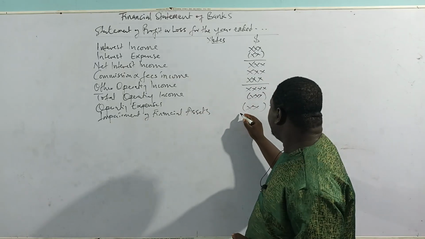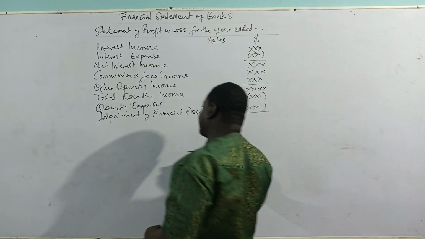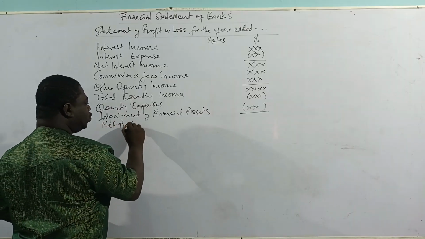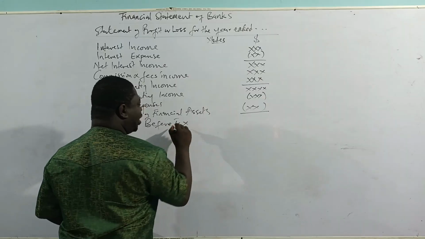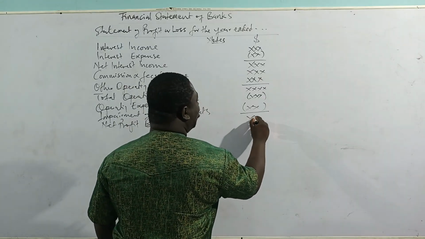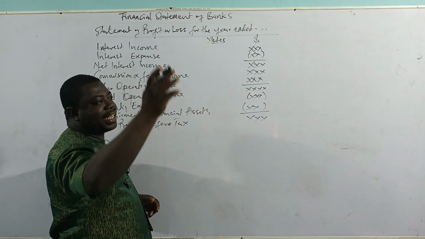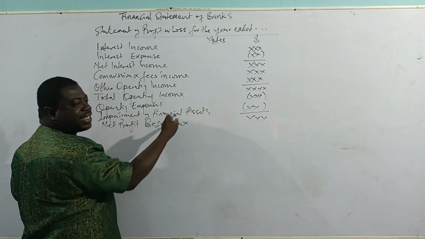So once you have taken out these two, your operating expenses and your impairment of financial assets, then you can have your net profit before tax. Someone will say, what about interest? Because we know that in the trading sector, businesses that are into trading would have said net profit before interest and tax.